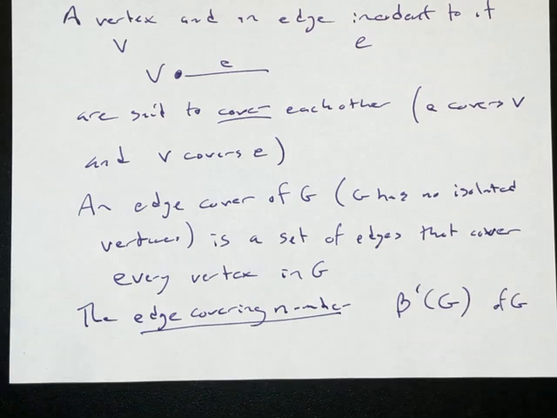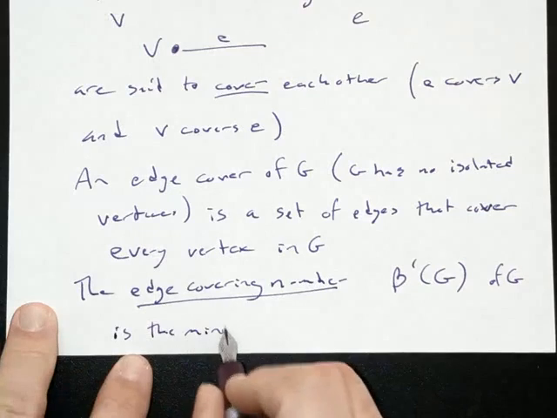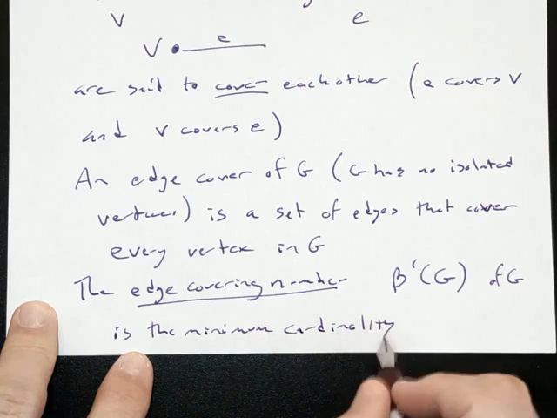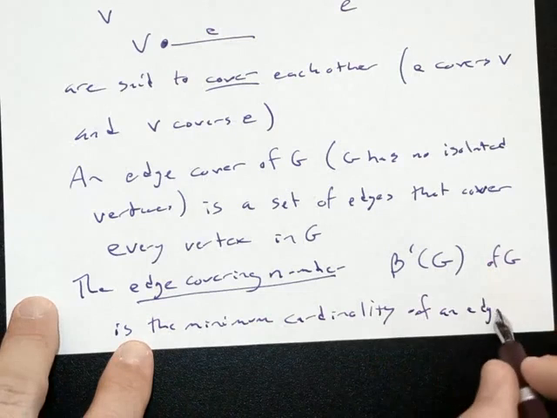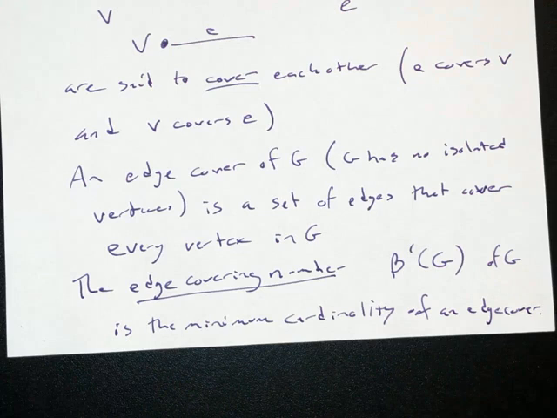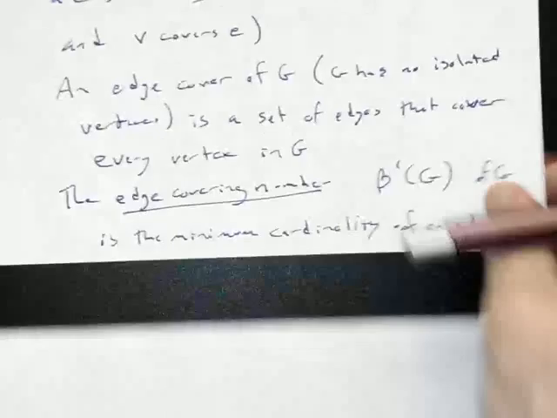The edge covering number is the minimum cardinality of an edge cover. In other words, it's the fewest edges you need to hit every vertex.